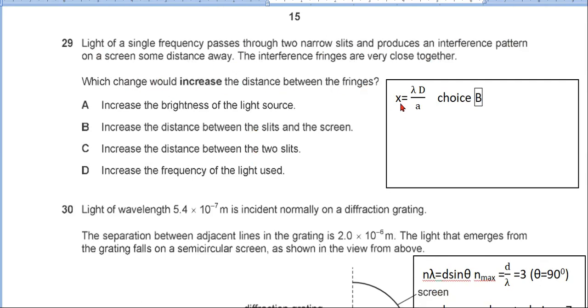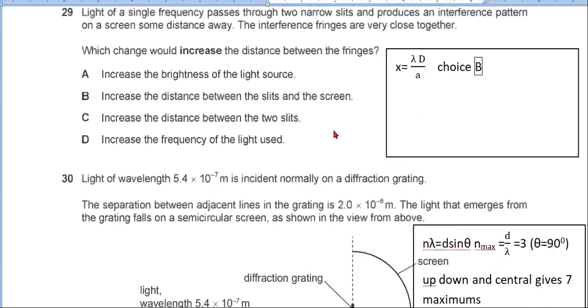So you have the formula: distance between fringes equals wavelength times distance to the screen, divided by distance between the slits. So answer choice B increases the fringe distance, because you should make the distance between the slits and the screen larger.